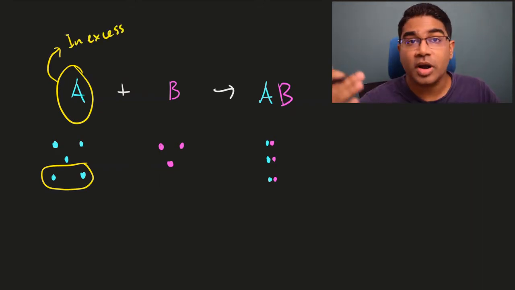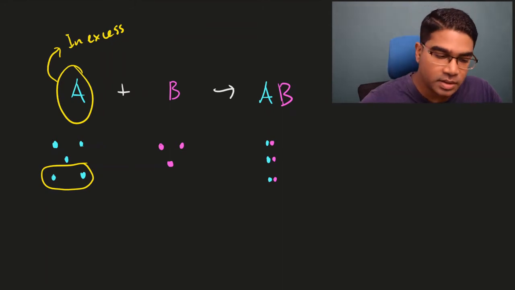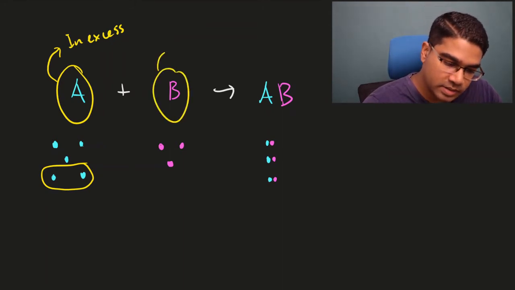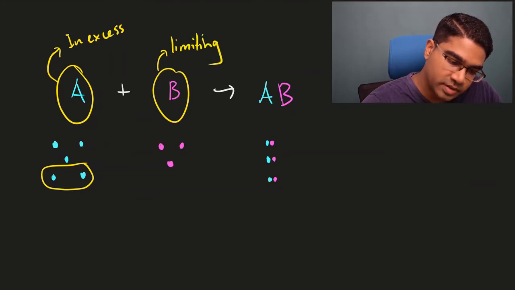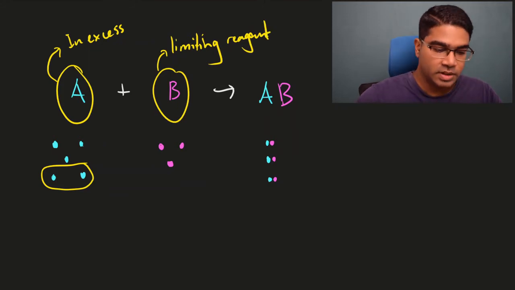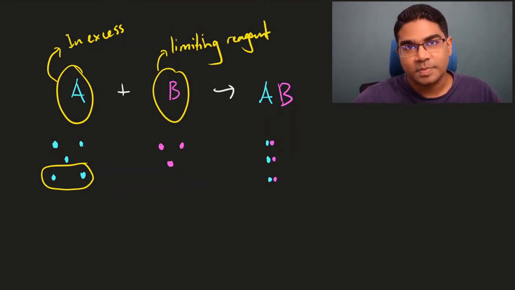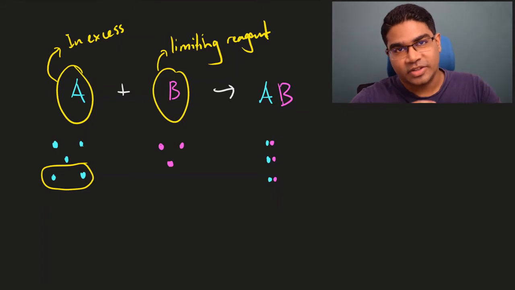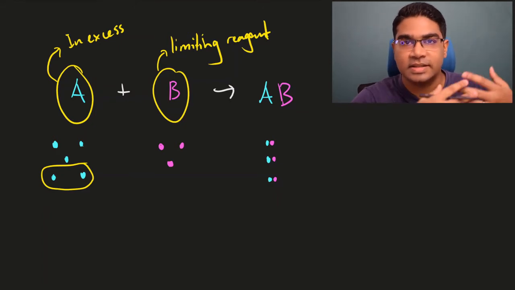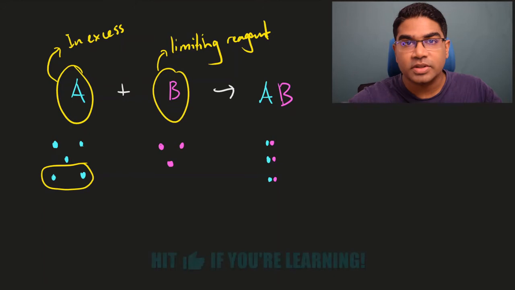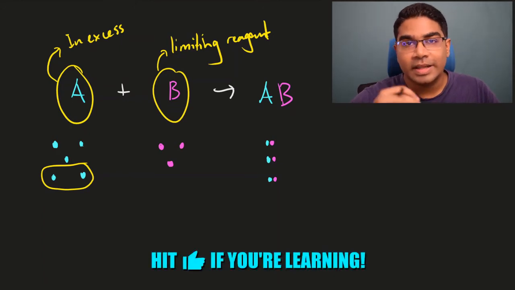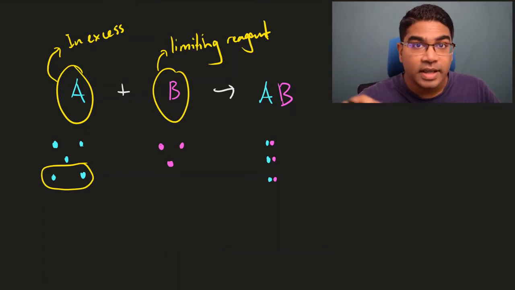There is extra of A, whereas B is known as the limiting reagent or limiting reactant sometimes. So this is the limiting reagent and A is in excess. So this is the concept of excess. After it has completely reacted with the other reactant, if there is extra, if there is some left, then it is in excess. If everything is used up, it is completely used up like B here, then it is the limiting reagent. Now let's get to the examples.